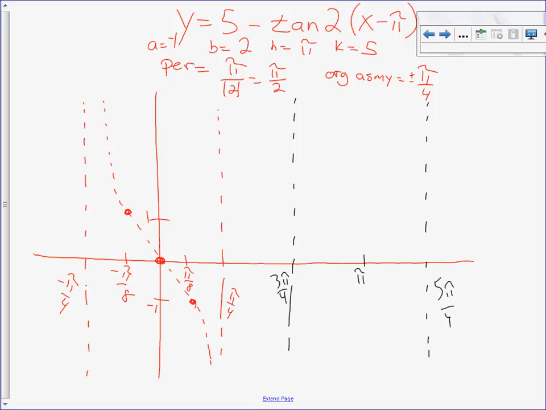To the left and to the right are 7 pi/8 and 9 pi/8. And now it's just a matter of scaling up the y-axis. Here's 1, 2, 3, 4, 5, 6. So at 7/8, we're up at 6. At pi, we're at 5. And here we are at 4. And there's your graph.